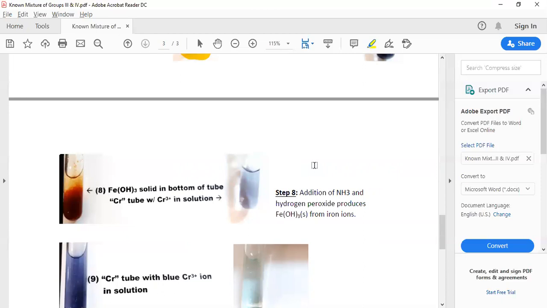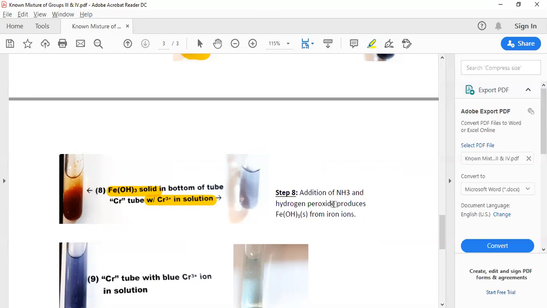At this point, remember that once we do the hydrogen peroxide in a, I'm sorry, in a basic pH, we're going to generate our iron 3 solid in the bottom, and our chromium is going to stay in solution. We're going to separate them, and we're going to add ammonia and hydrogen peroxide.